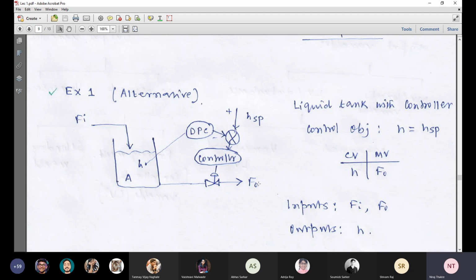As I mentioned, for an example system, we first identify the control objective.